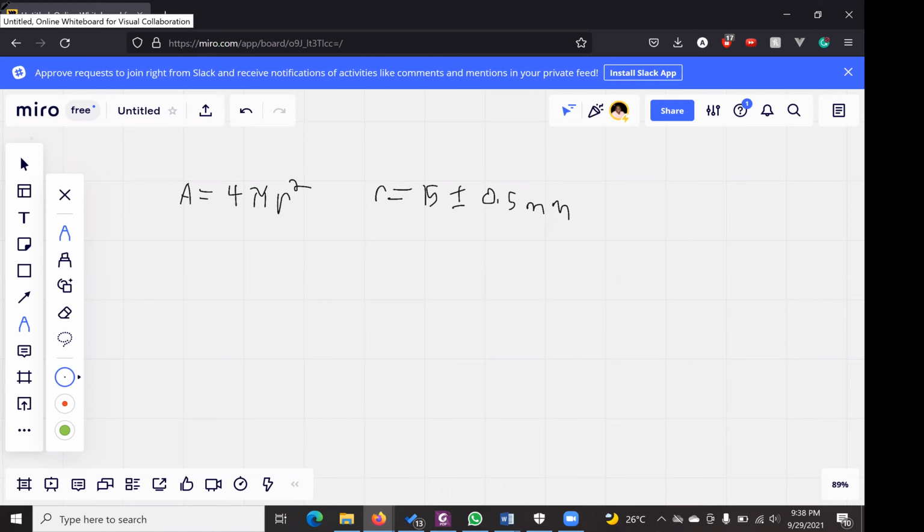That's the measured minus the expected divided by the expected. What do you know about absolute error? The measured value minus the expected value divided by the expected.